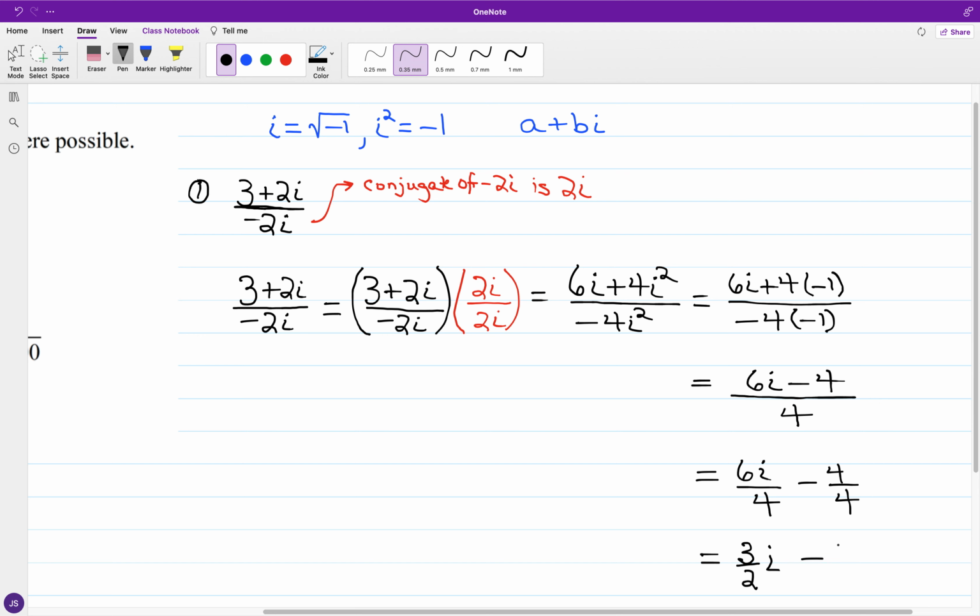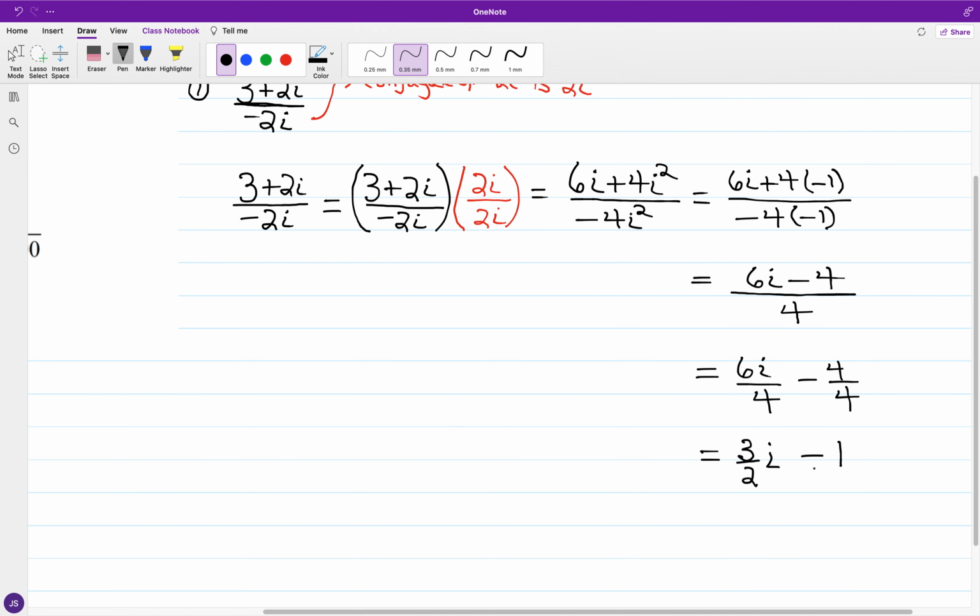Negative 4 fourths we have as negative 1. To write in terms of a plus bi, your a value is negative 1 and your bi is 3 halves of i. So the standard form for this complex number comes out to negative 1 plus 3 halves of i.